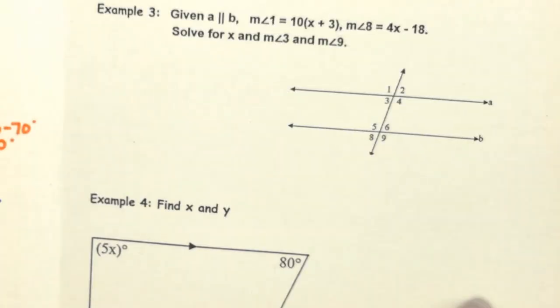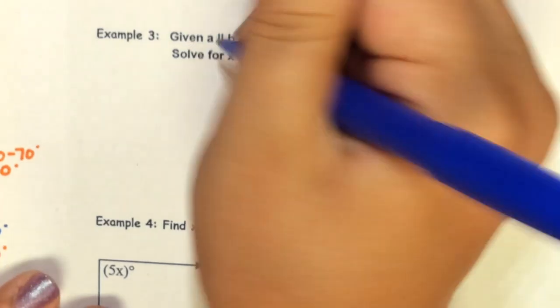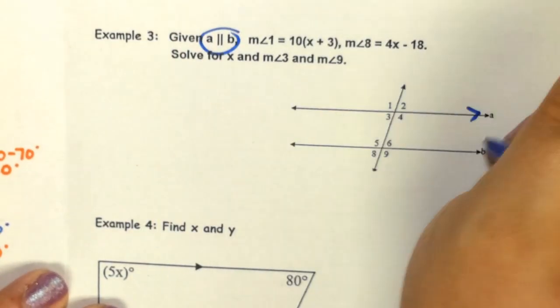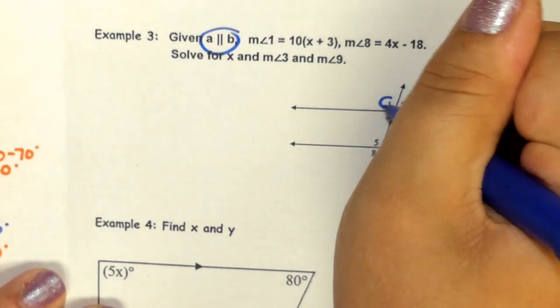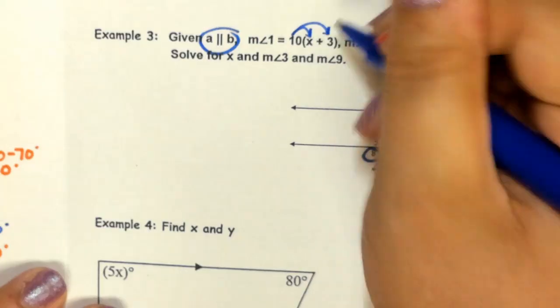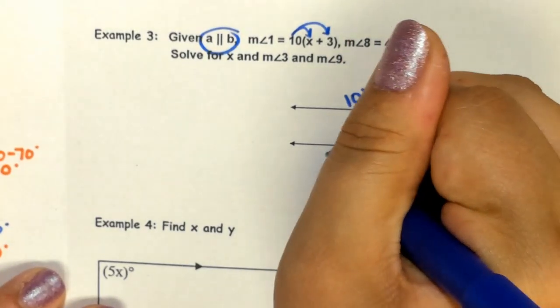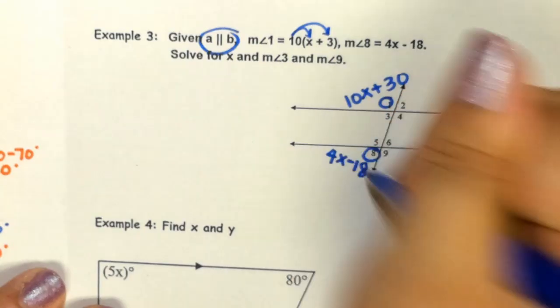All right, next one. I have A is parallel to B, so I'm going to add the arrows. And I have angle 1 and angle 8. Angle 1 is 10x plus 30. Angle 8 is 4x minus 18.